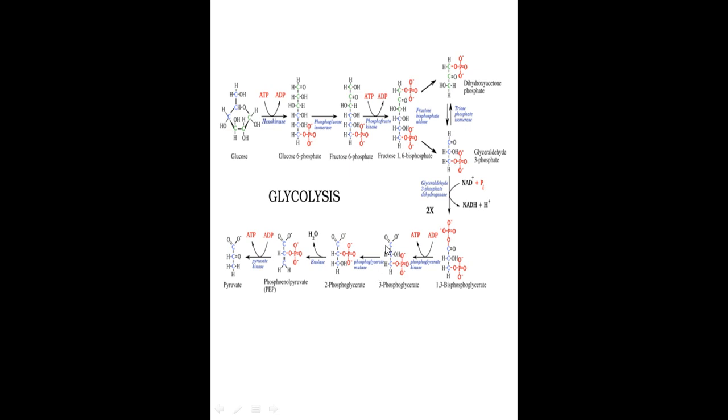Now, by the time we get to 3-phosphoglycerate, there's going to be a mutation by an enzyme phosphoglycerate mutase, which moves the phosphate group on the 3rd carbon to the 2nd carbon to form 2-phosphoglycerate. Next, there's going to be a dehydration, which is the loss of water, to form PEP, which is the phosphoenol pyruvate.